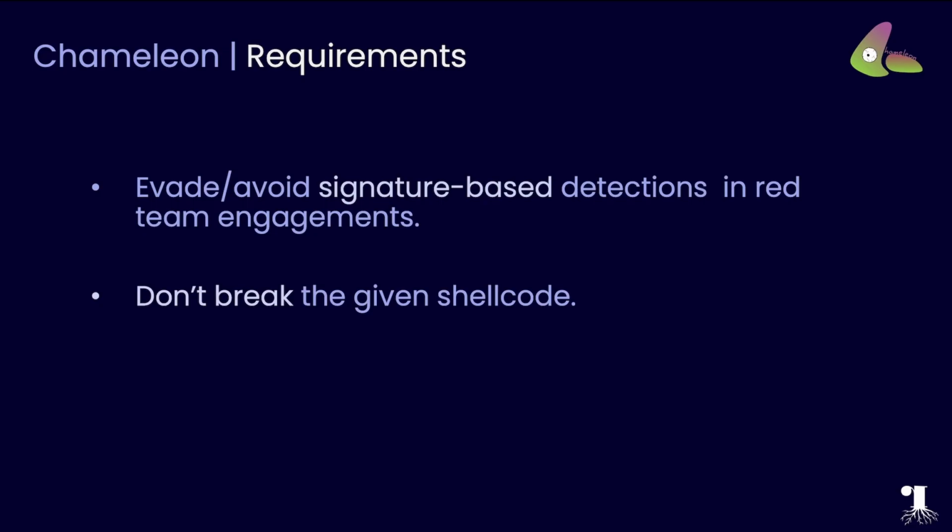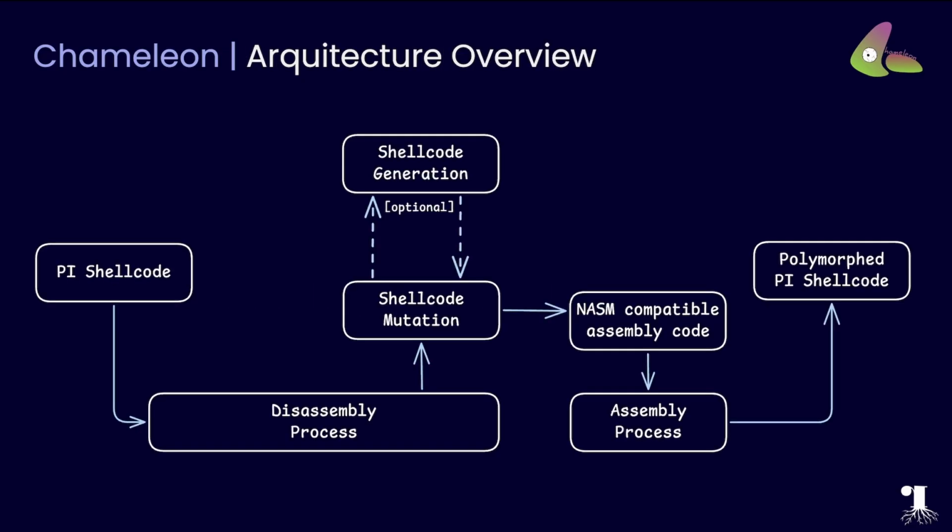So let's continue. This is the architecture overview of Chameleon. We just get an original position-independent shellcode, we disassemble it, and then we apply certain mutations to this shellcode. These mutations may use a feature that generates pseudo-random shellcode that is also injected within the mutations.